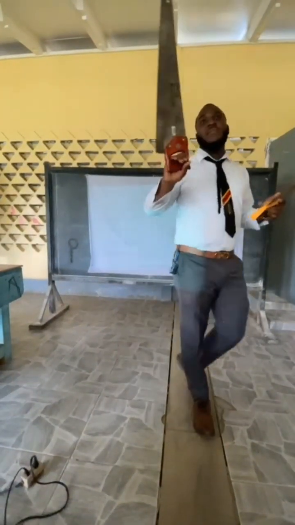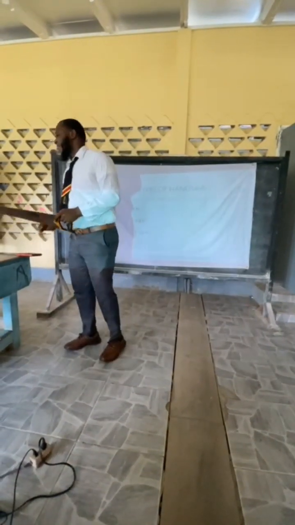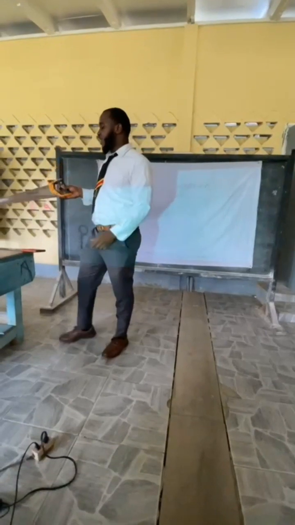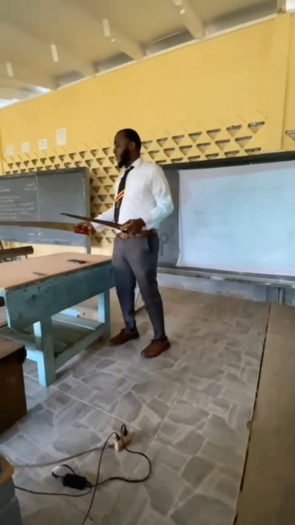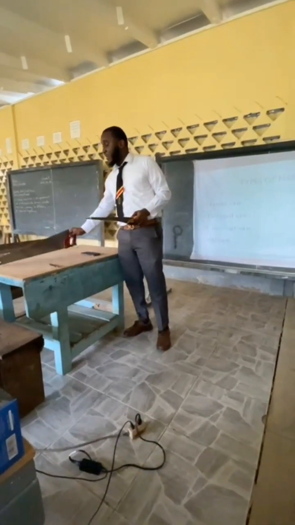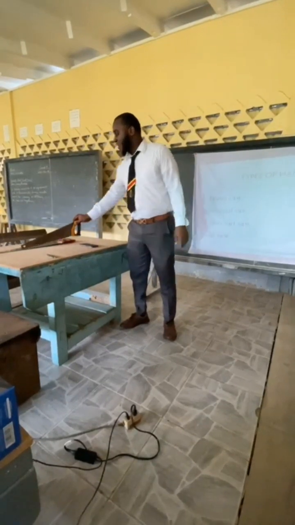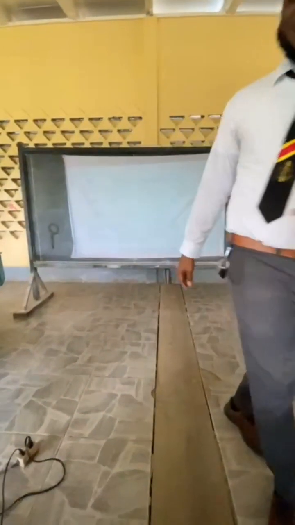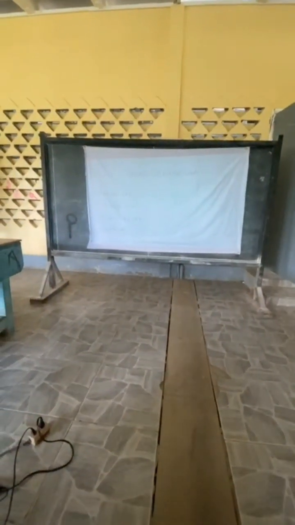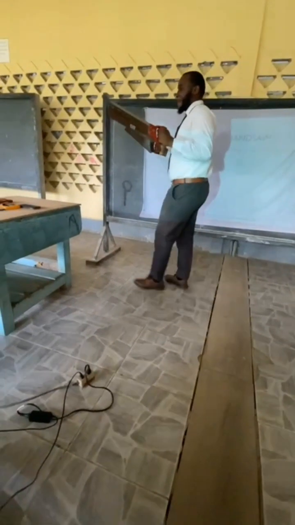So we have the cross-cut saw, the rip saw, right? Just pass them around the class and look at them and be careful with the blade because they are very sharp, right? We have the cross-cut and the rip. I also have the tenon saw and the dovetail saw here, right?